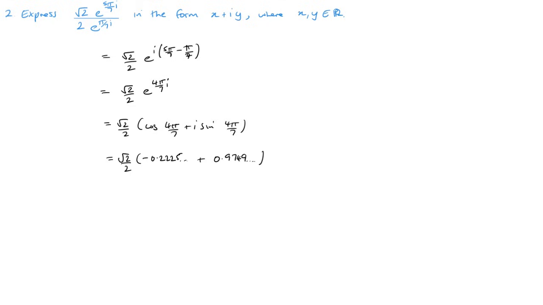Probably could have picked better fractions to give nicer answers here, but now I'll just write down the final answers, and that works out to be minus 0.157 plus 0.689i, correct to 3 significant figures.